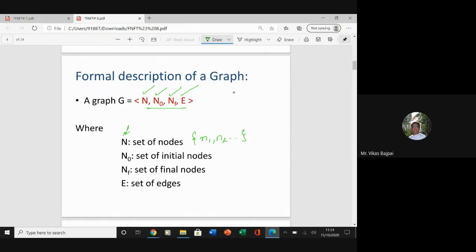So these are some initial set of nodes. It can be a singleton set, or maybe I can have multiple nodes for the initial set, and then we have the final set of nodes here also. I can have multiple nodes or a singleton set as well. But will it have a null set? Will it have a null set for both these cases? Yes or no?